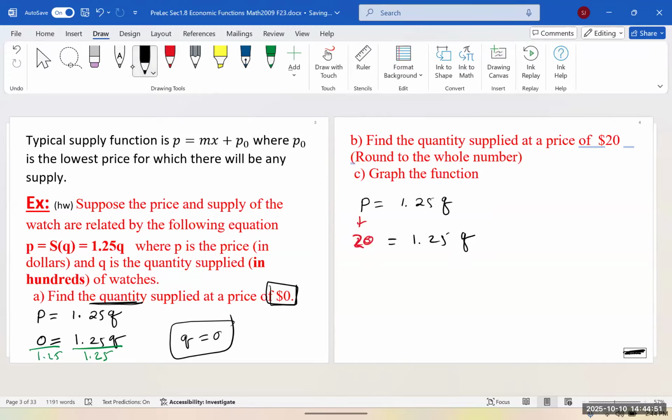16? So we divide both sides by 1.25. They cancel out. Let's see. Are you sure this is 16?